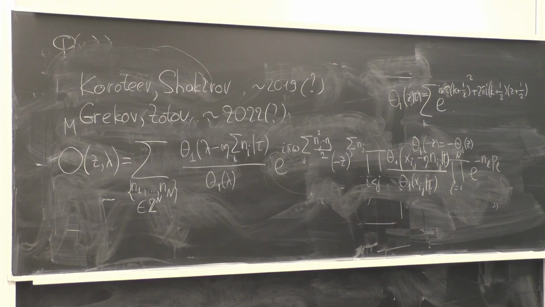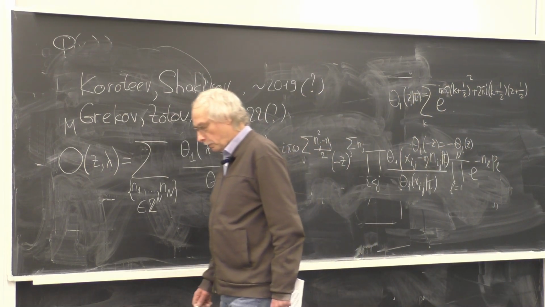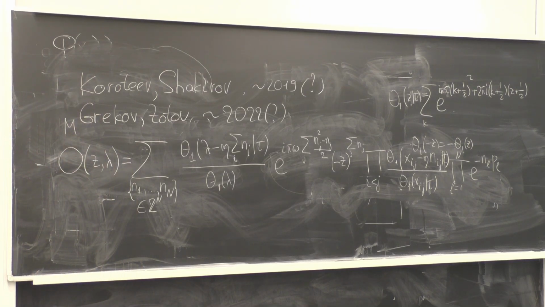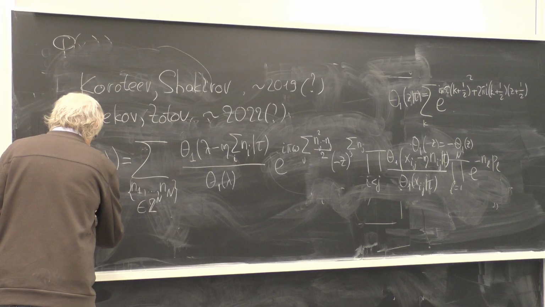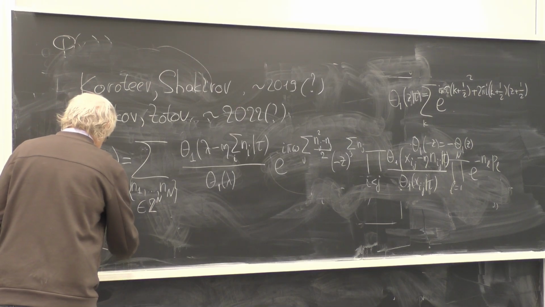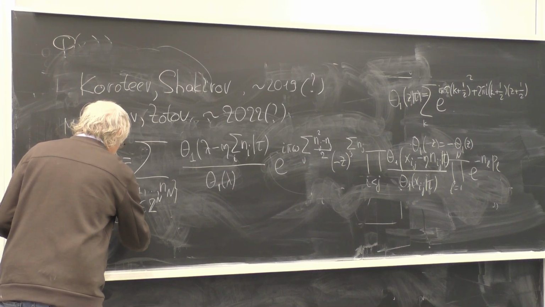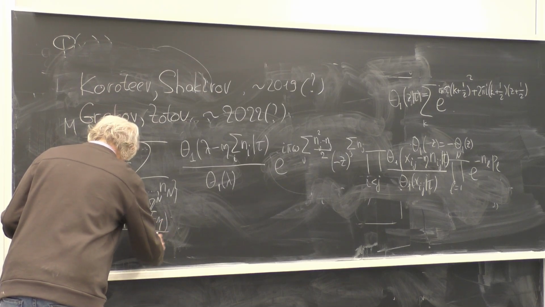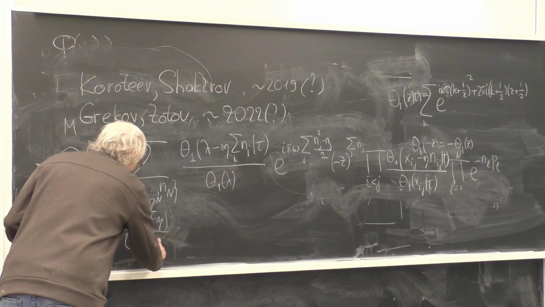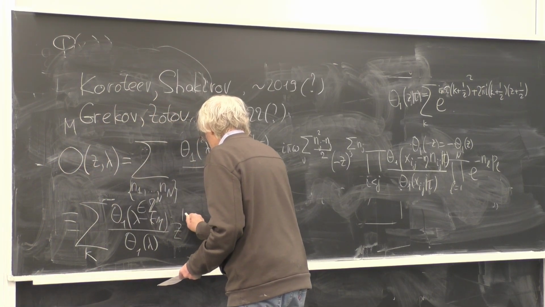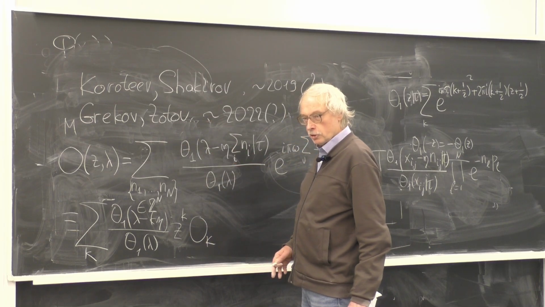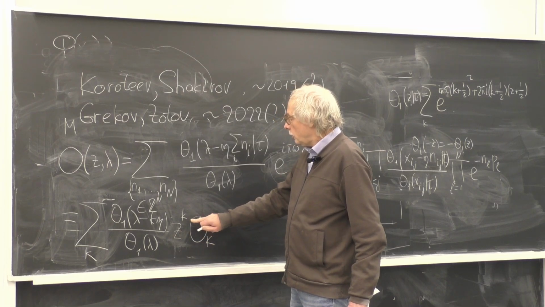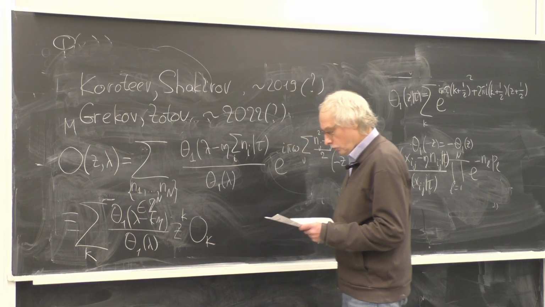When omega goes to infinity, it can be shown that... So consider it as a series with some coefficients, expanded in a Laurent series in Z, and call the coefficients O_k.